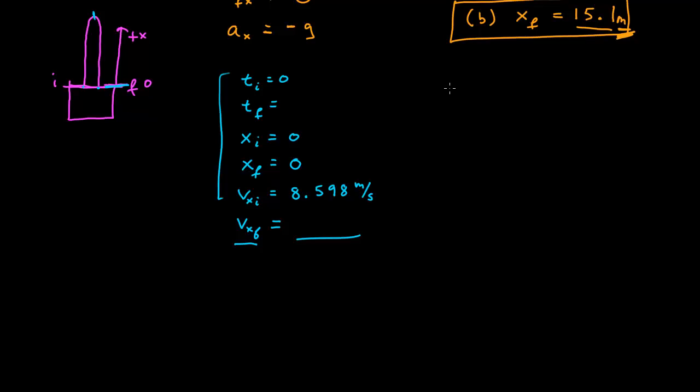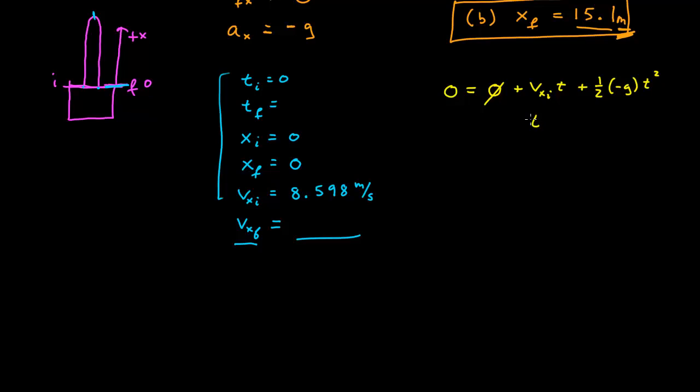The final position, 0, is equal to the initial position, which is 0, plus the initial velocity times time, plus 1/2 acceleration, which is negative g, times time squared. So the zeros go away, and this now has two solutions.